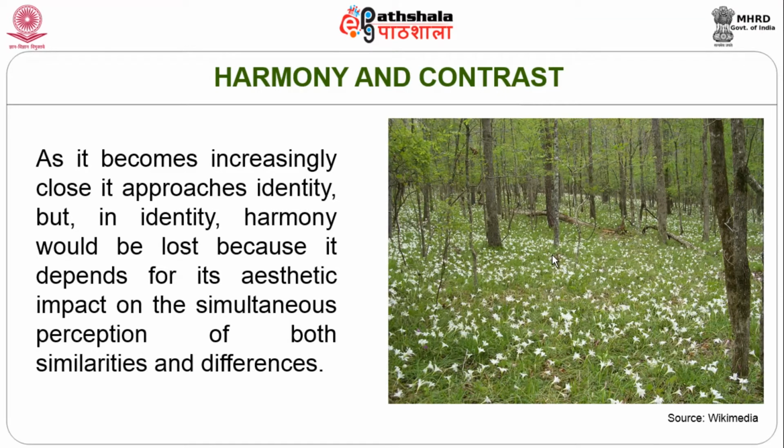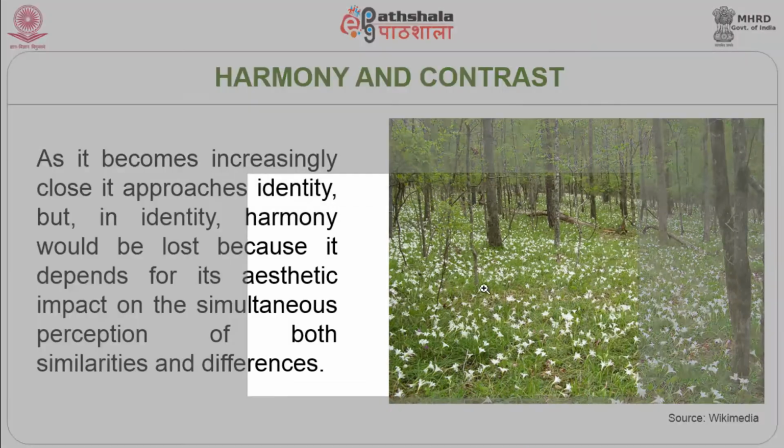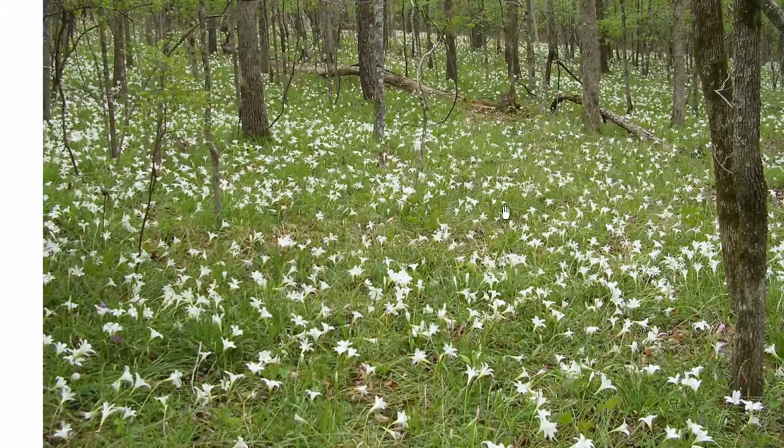So, what this means is that once we start looking at this picture, we see a totally single harmonious composition. But if I zoom in into this picture, if I go very closely, then I start to see this ground cover as flowers and as the grass.